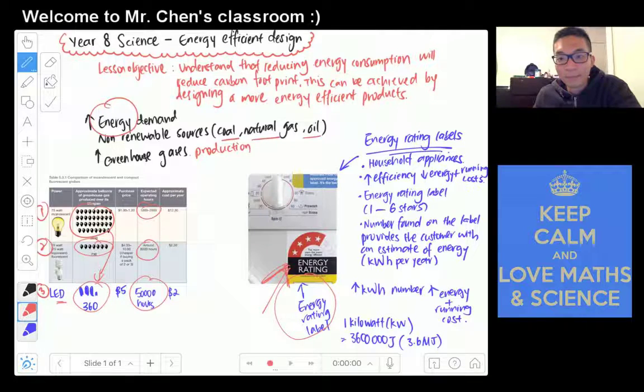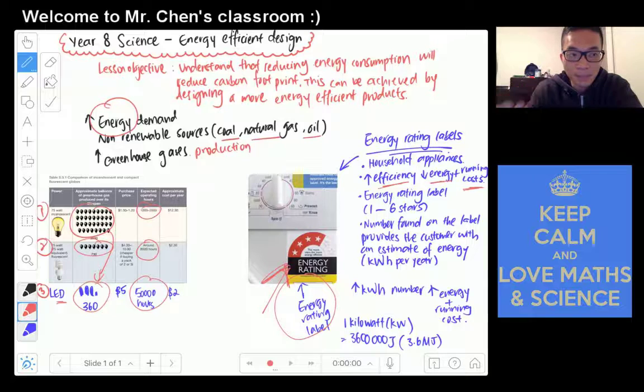Normally they are rated from 1 to 5 or 1 to 6 stars. The higher the star, the more efficient it is. So obviously more efficient means less energy usage, and that means lower running cost, directly going to cost less to run. So it's a really good thing.